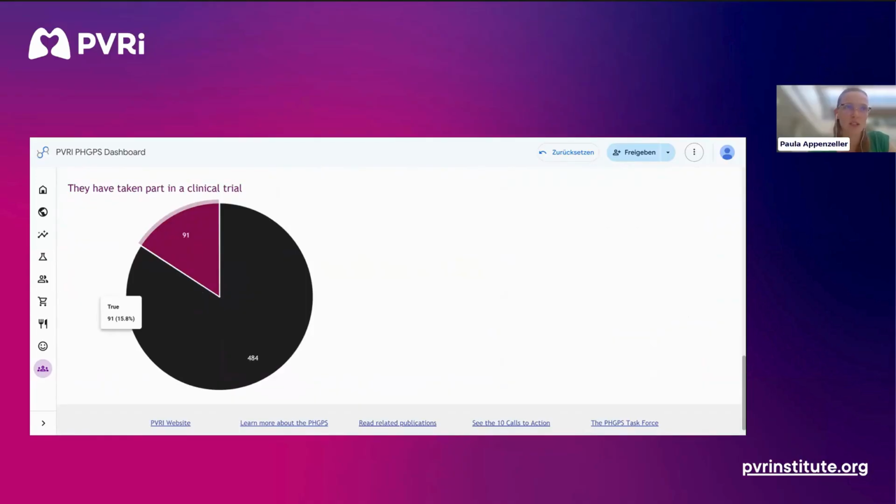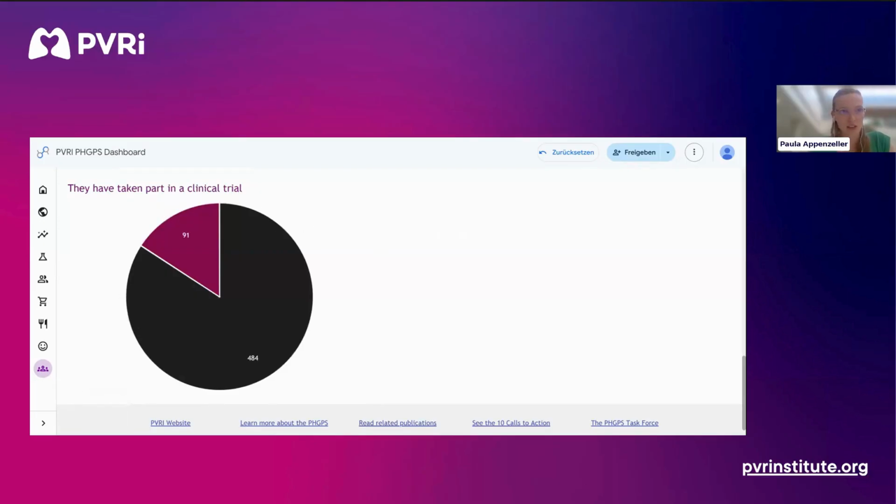So only 16% of group 2 and 3 patients have ever taken part in a clinical trial. And I think it's really highlighting that this patient population is underrepresented in clinical trials, especially if we consider that probably most of the patients with group 2 and 3 PH were part of a patient association and thus are more likely to be under specialist care.